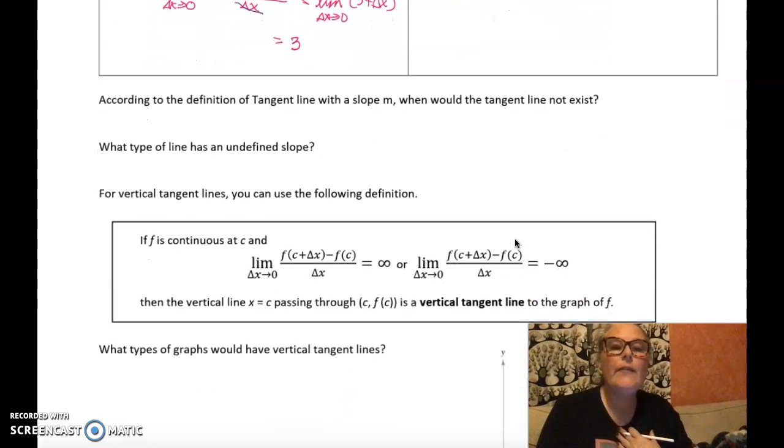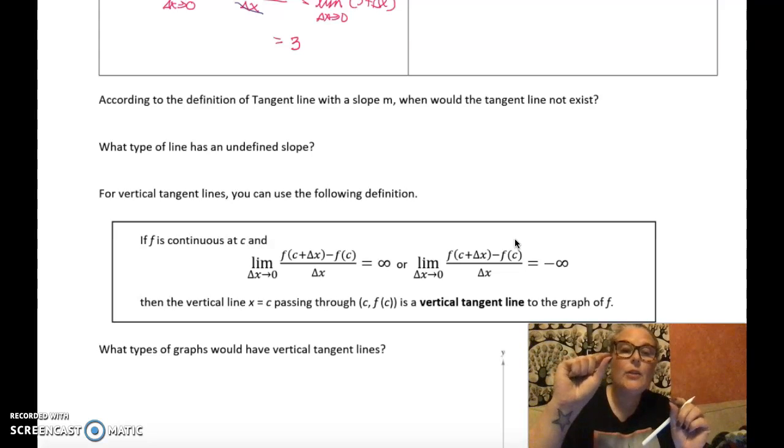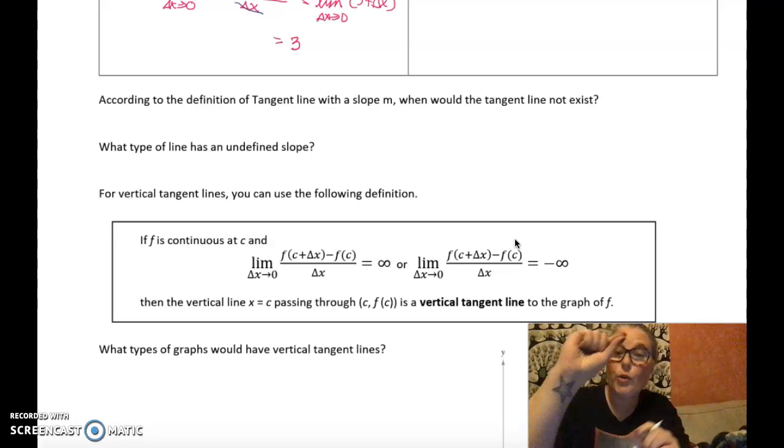According to the definition of tangent lines with the slope m, when would the tangent line not exist? I want you to think about that. Well, a rational expression is undefined when the denominator is equal to 0. So when delta x is actually equal to 0, it's problematic. The only time that you can't produce a delta x is when you have a vertical line.